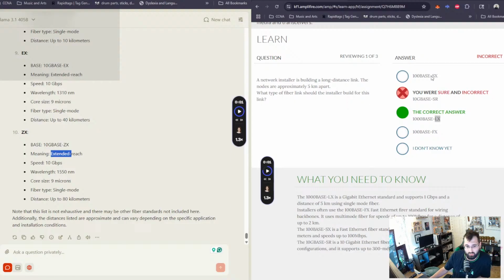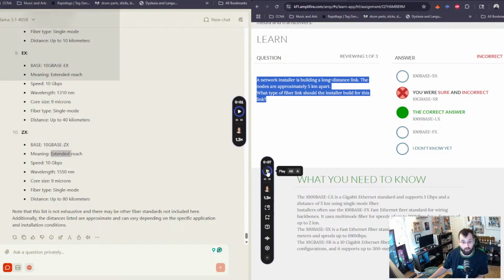Anything that is short or fast is multi-mode. Anything that's multi-mode is less than a kilometer. Anything that is single mode is at least a kilometer or above, typically starting at the 5K range.